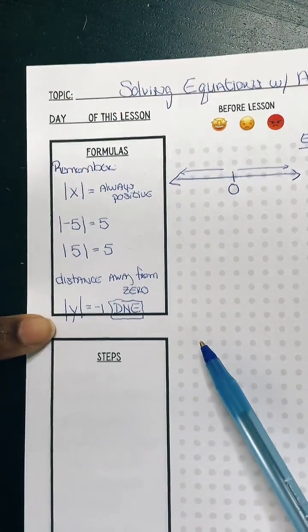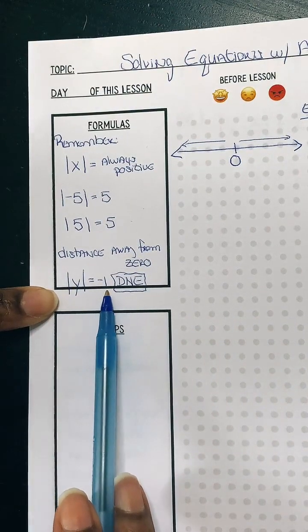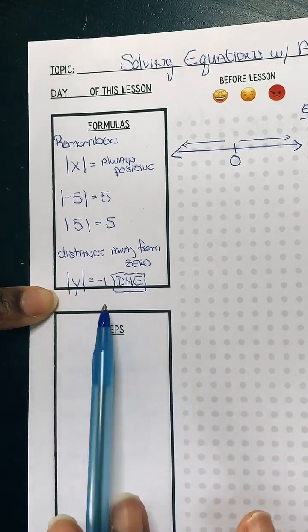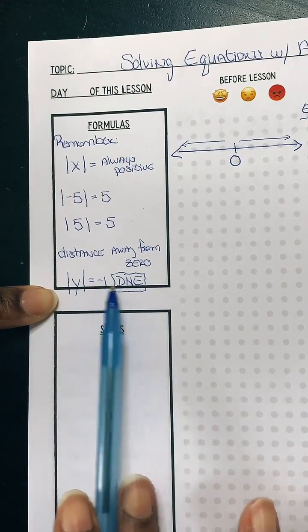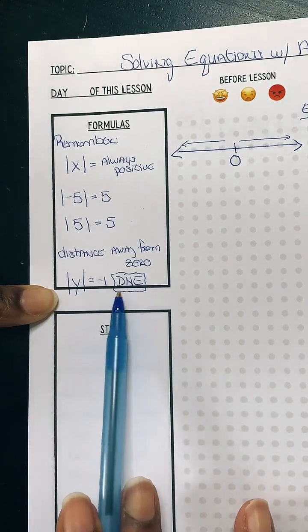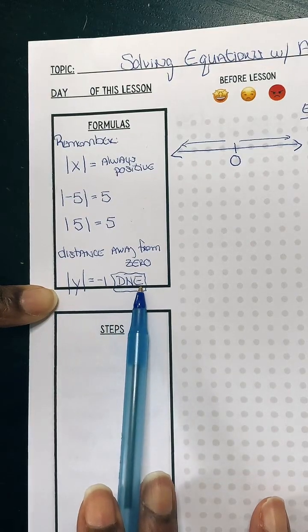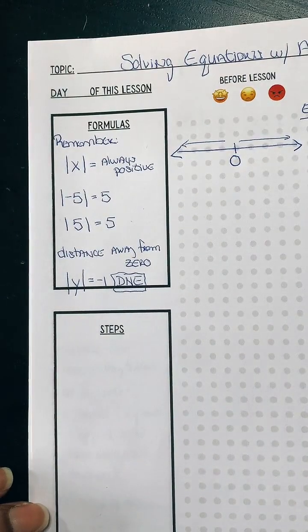Now, if you ever get a negative just starting off, before you do any kind of alterations to the equation, if in the beginning you have an absolute value equal to a negative number, that's not possible. DNE means does not exist, okay? Like I said, we can't take negative steps. We can take steps away in the positive direction. We can take steps away in the negative direction.